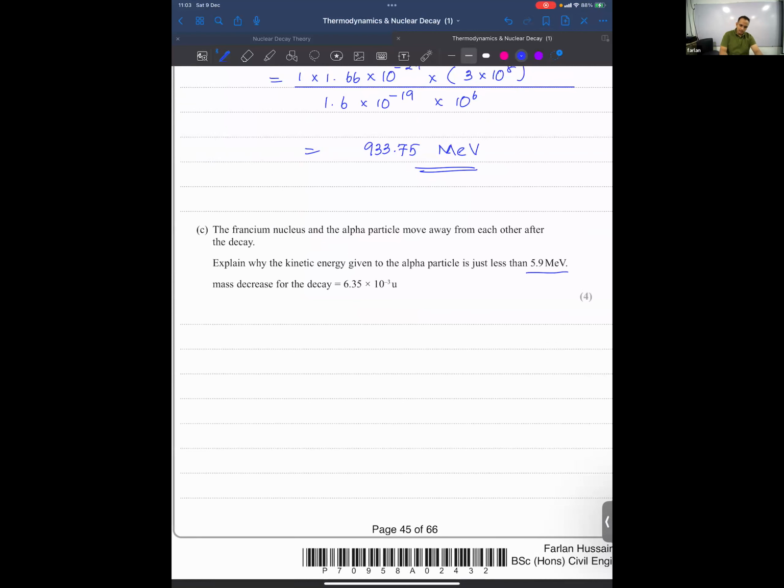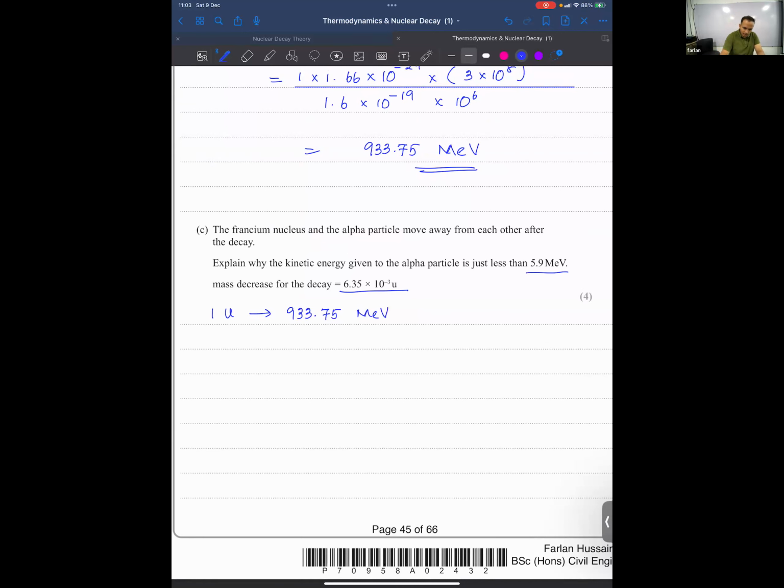The mass decrease for the decay is given as 6.35 into 10 to the power minus 3 U. So guys, 1 U has an energy of 933.75 mega electron volts. 1 U corresponds to this much energy.